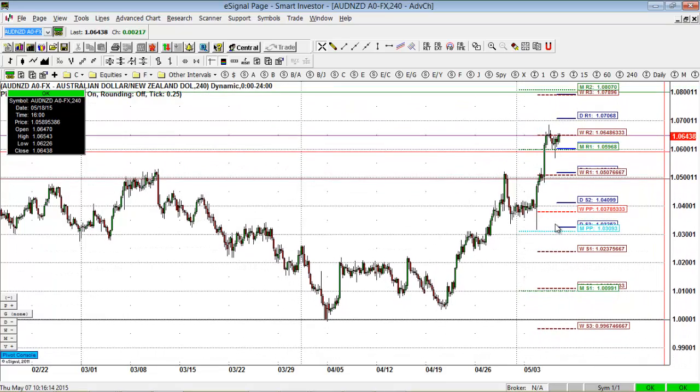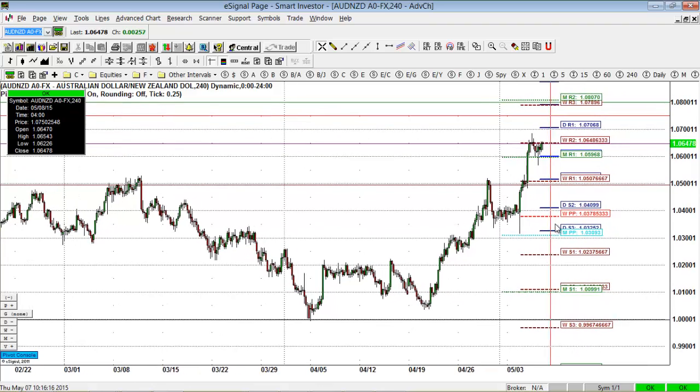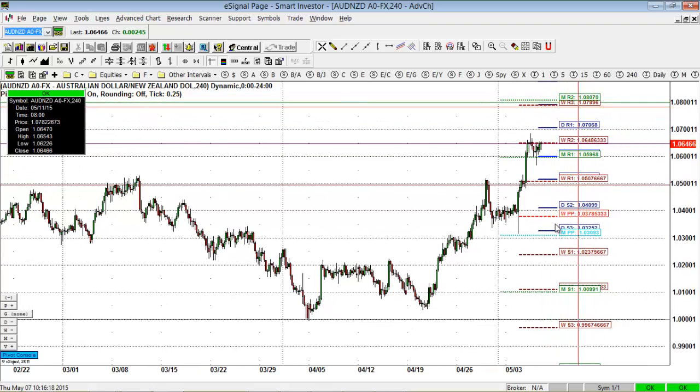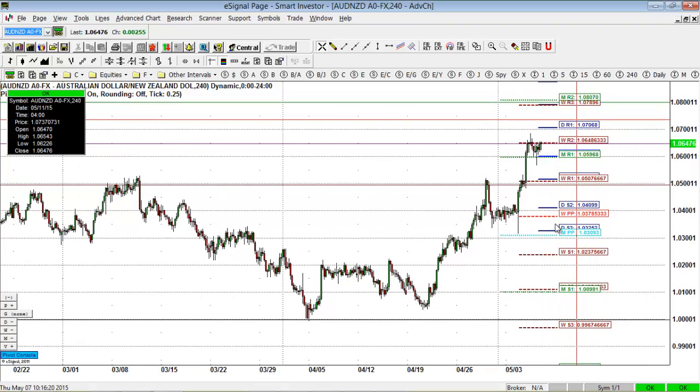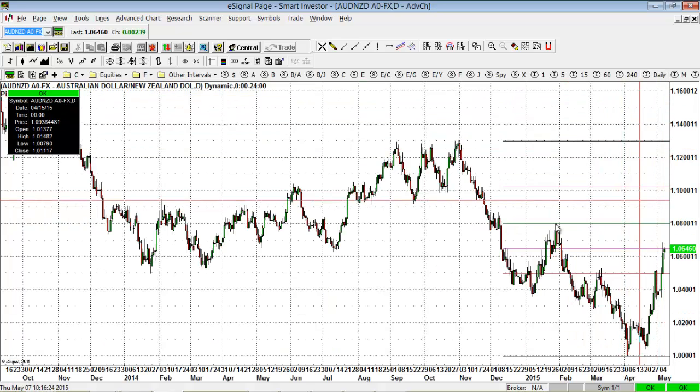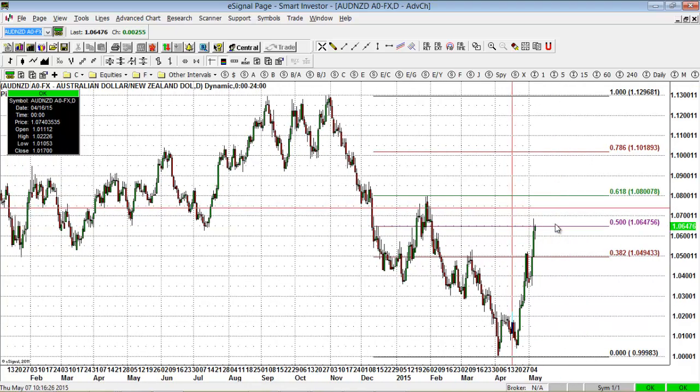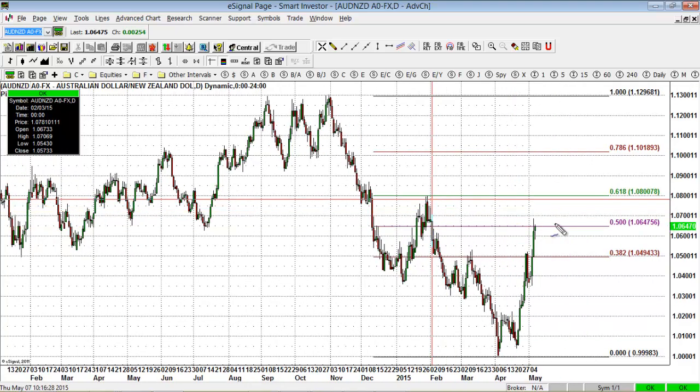We could see this market rally further, and I would like to see it rally up to the 108.07, and then that area would line up with the 618 retracement level, and also this previous swing high, which could act as pretty significant resistance in this market.